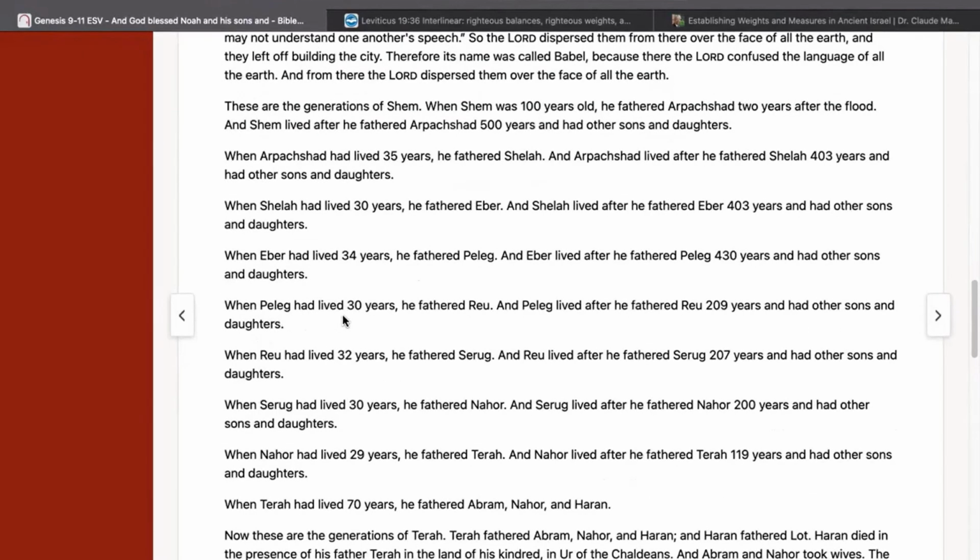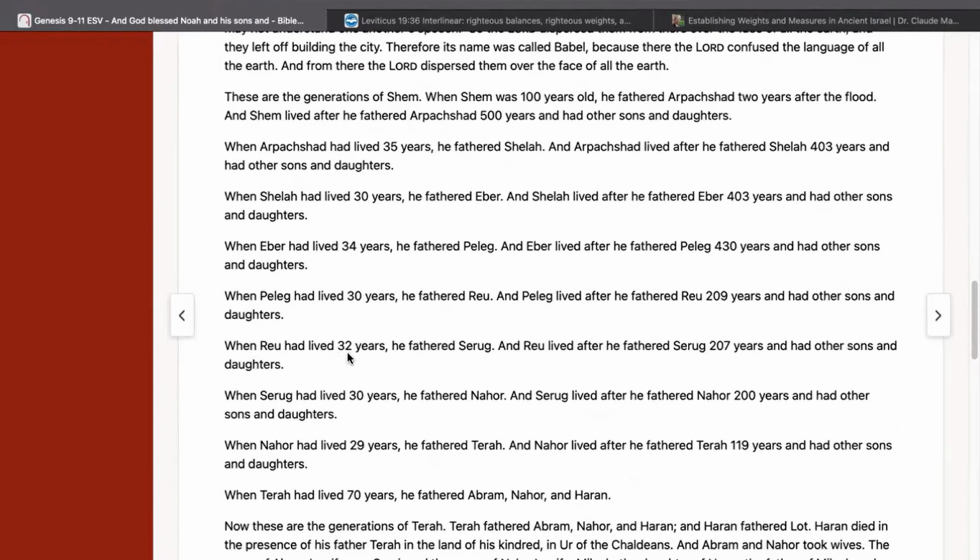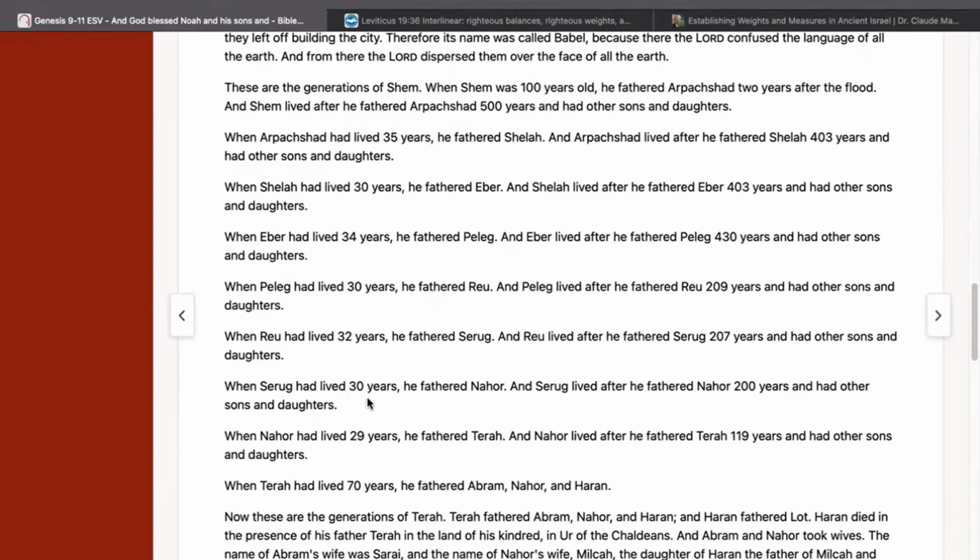When Peleg had lived 30 years, he fathered Reu. And Peleg lived after he fathered Reu 209 years and had other sons and daughters. When Reu had lived 32 years, he fathered Serug. And Reu lived after he fathered Serug 207 years and had other sons and daughters. When Serug had lived 30 years, he fathered Nahor.